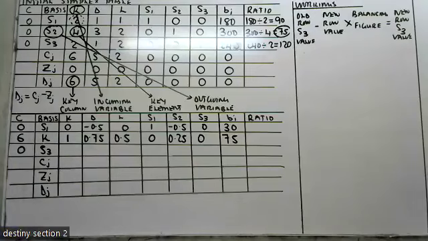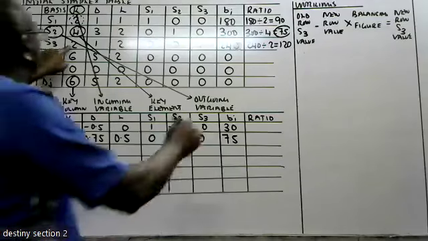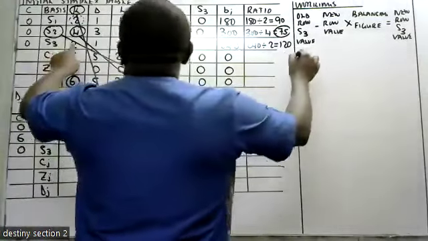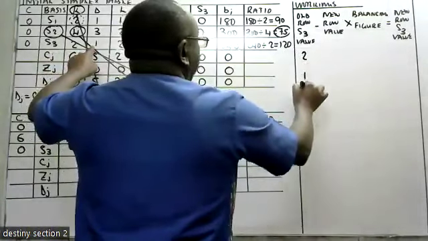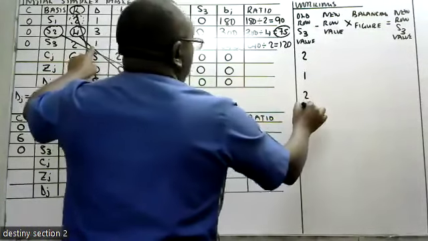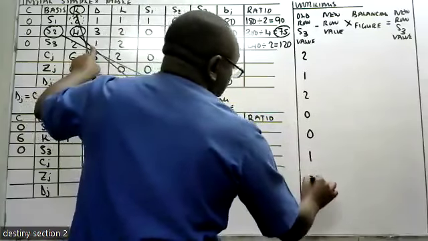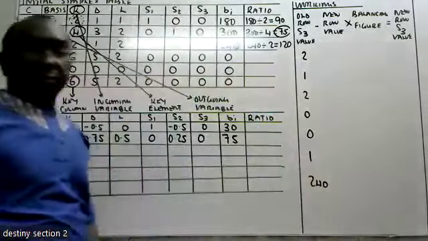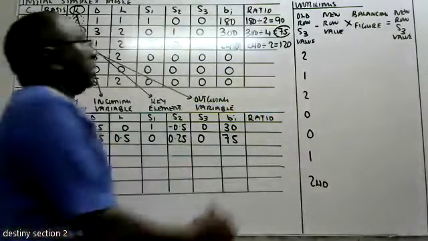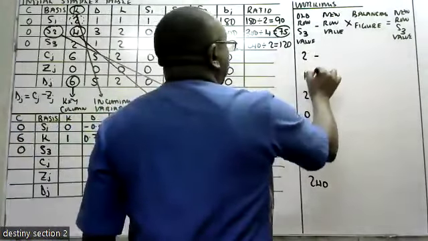So now, the old row S3 value, old row is this one. So I have 2, 1, 2, 0, 0, 1, 240. Then we say minus.